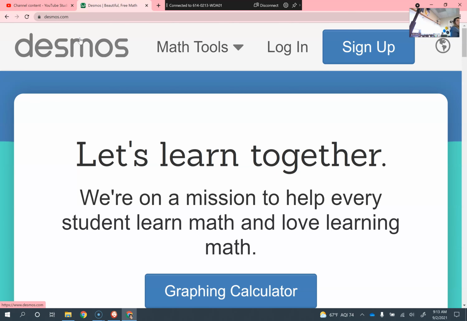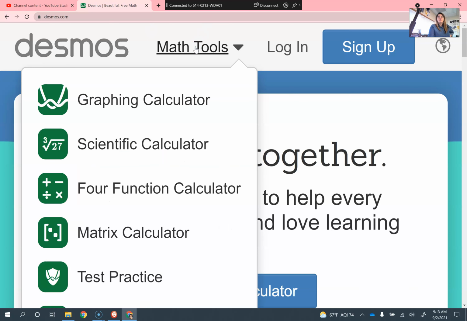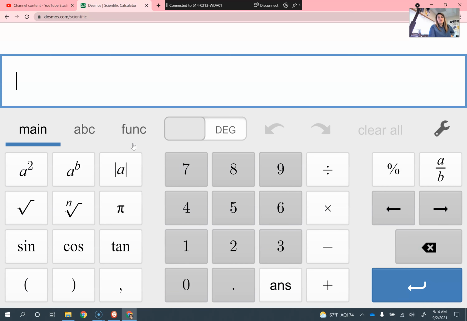On Desmos, I'm going to click the Math Tools, and I'm going to choose the Scientific Calculator. So if you click the Math Tools at the top and you choose Scientific Calculator, that's going to allow you to evaluate these much easier, in my opinion, than your calculator does.